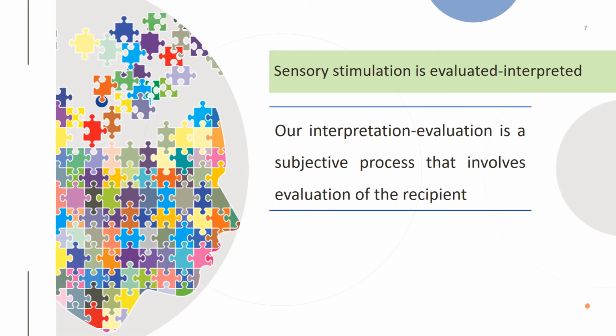Although selecting and organizing incoming stimuli happens very quickly and sometimes without much conscious thought, interpretation can be a much more deliberate and conscious step in the perception process. Interpretation is the third part of the perception process in which we assign meaning to our experiences using mental structures known as schemata.